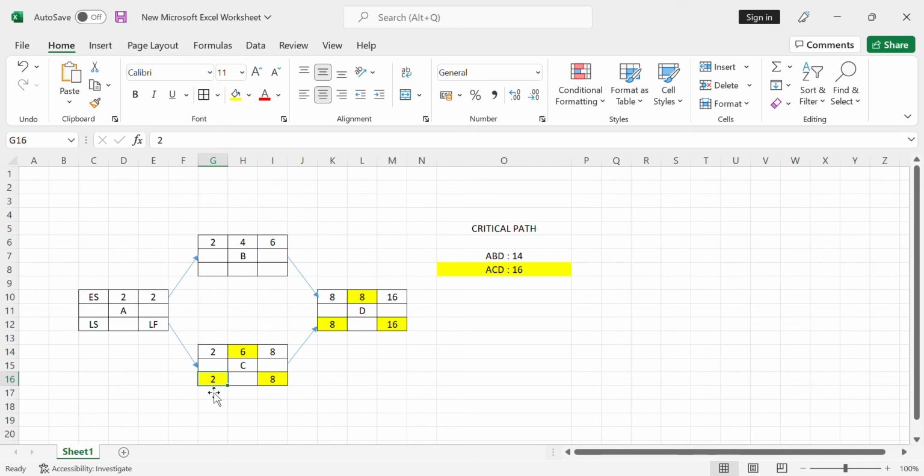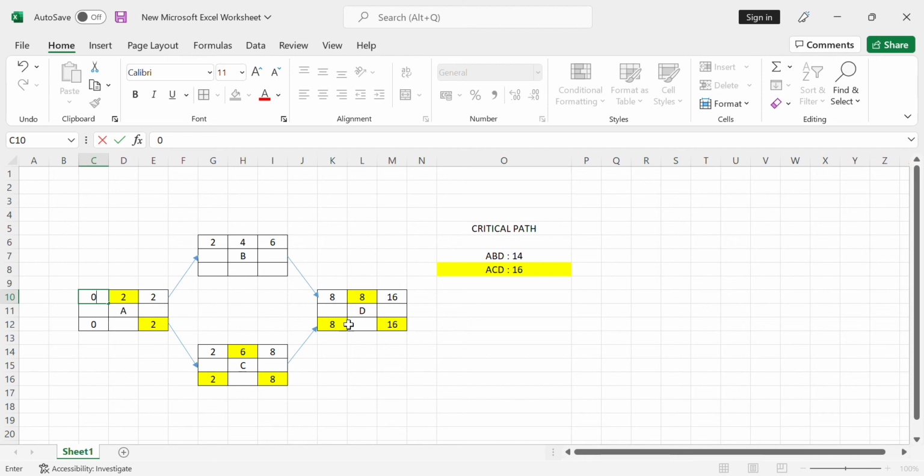Put this value 2 in activity A as the late finish, and 2 minus 2 equals 0. So the late start of activity A will be 0. This is the backward pass of the network.